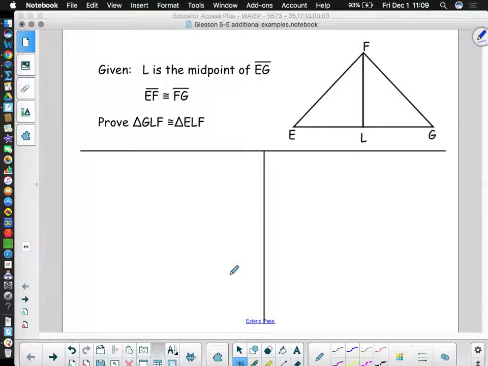Where do we start? Givens. Okay. I've got 2 different givens. Do I want to list them both at the same time or one at a time? One at a time is usually the best bet. As you become good at proofs, you might choose to do more than one given at a time, just to save a teeny bit of time. But for now, let's just do one at a time because you're going to make fewer mistakes that way.